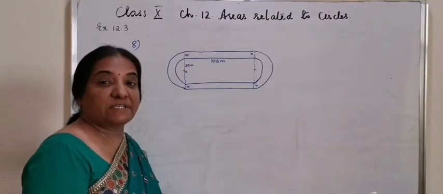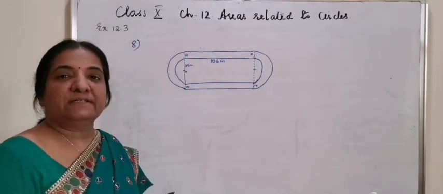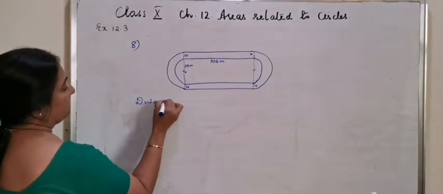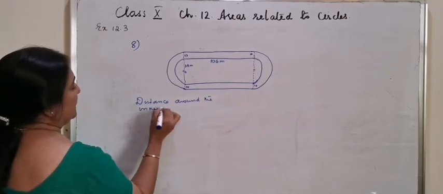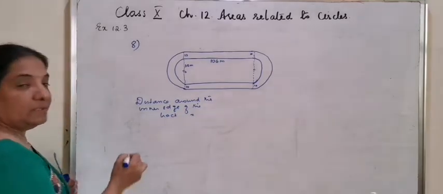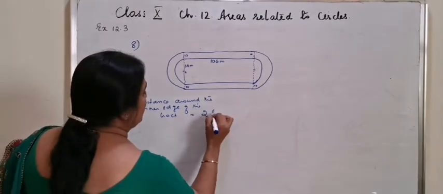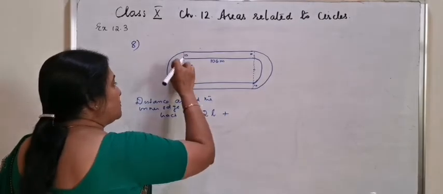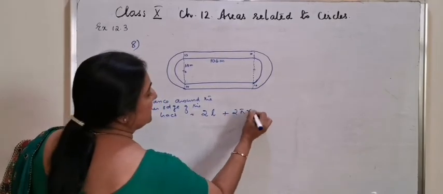The first part of the question is to find the distance around the inner edge of the track. The inner edge, you can find out distance around the inner edge of the track is equal to, there are 2 straight portions of 106 meter, that means 2 times the length of that straight portion, plus 2 semicircular regions, it is the circumference of a circle.